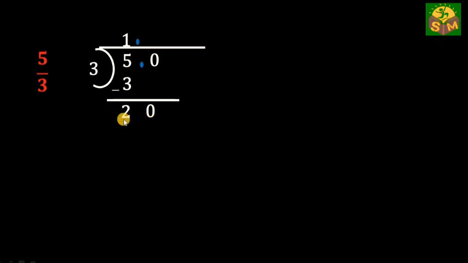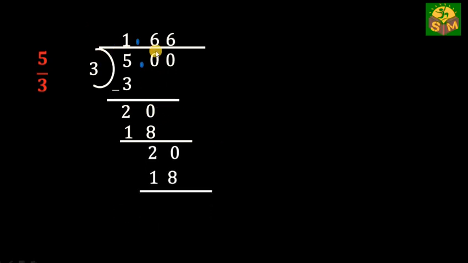Dividing this by 3, we get 6 in the quotient after the decimal point. Since the remainder is not 0, we divide it by 3. This gives us 6 again, but the remainder is still not 0. So we divide again.